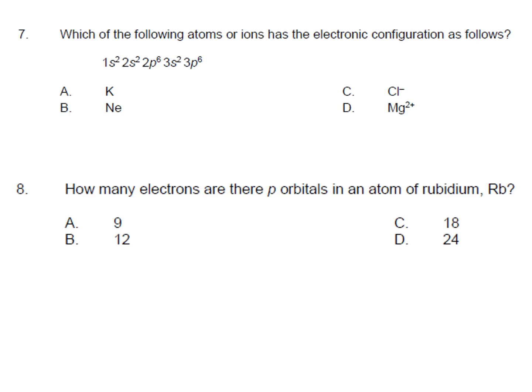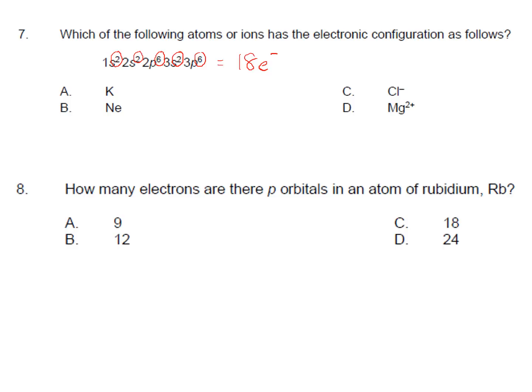Question 7. Okay, which of the following atoms or ions has the electronic configuration as follows? So given in the question 1s2, 2s2, 2p6, 3s2, 3p6. So we need to count the number of electrons here. 2 plus 2 plus 6 plus 2 plus 6, so it is equal to 18 electrons.